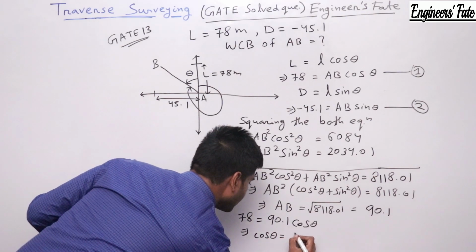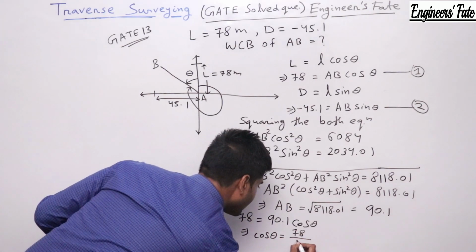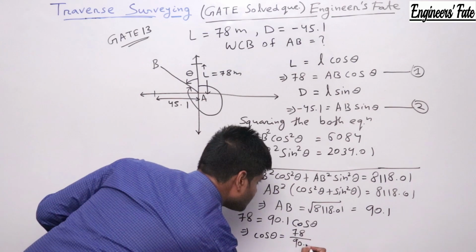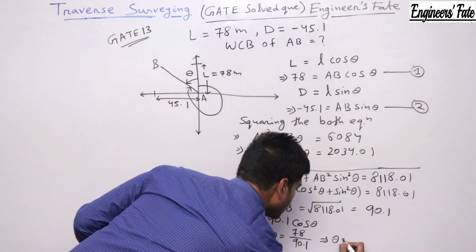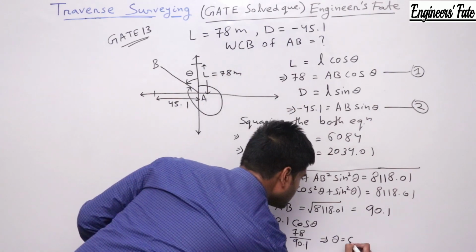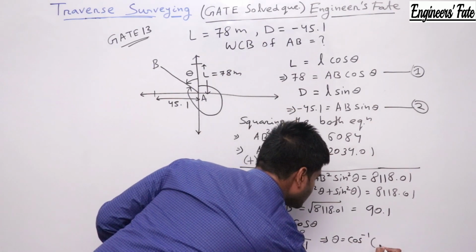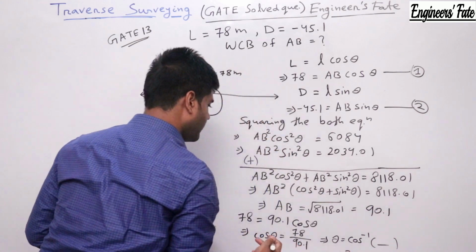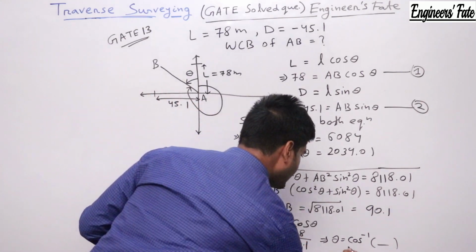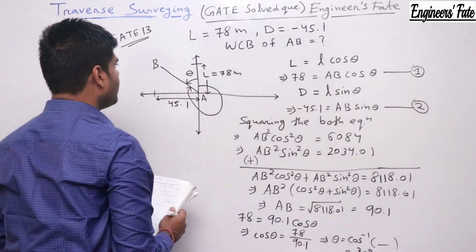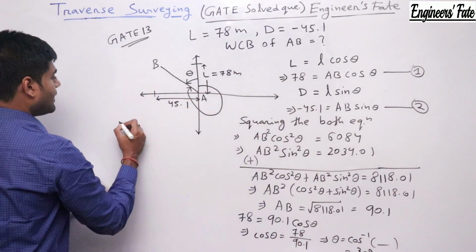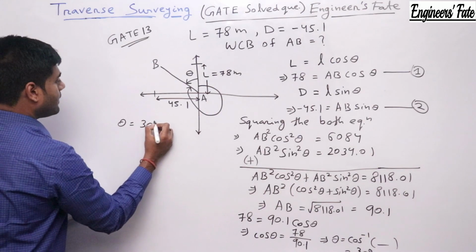Cos theta will be 78 divided by 90.1, and what is the value of theta? Theta will be cos inverse of this thing. So this value will be 30 degree. So theta is 30 degree.